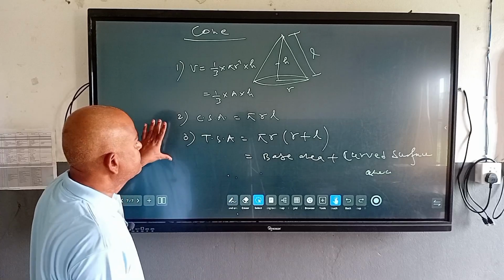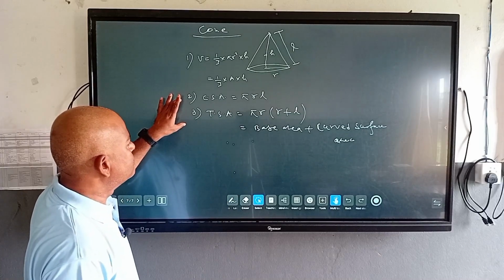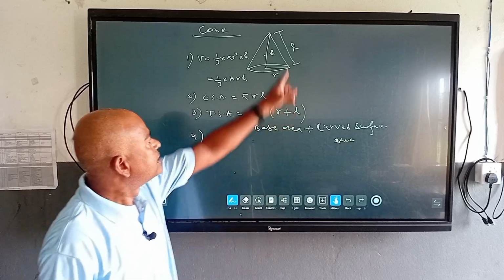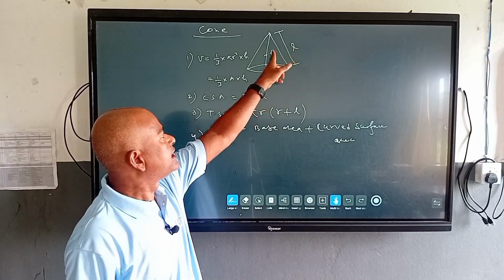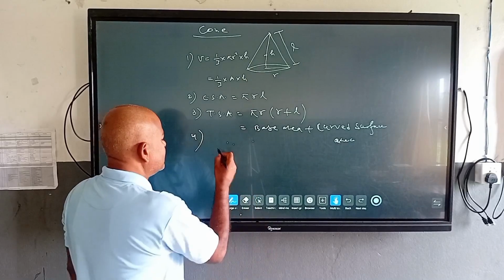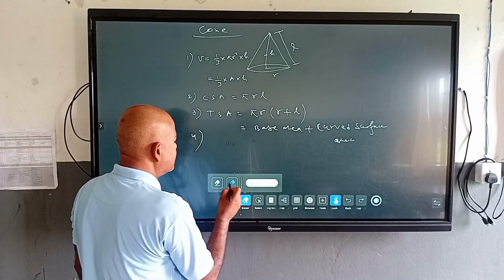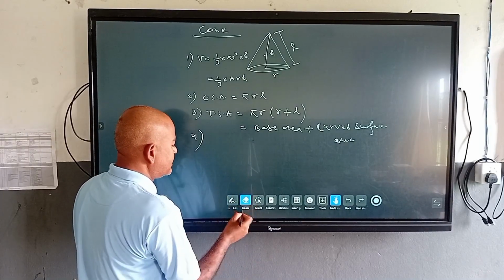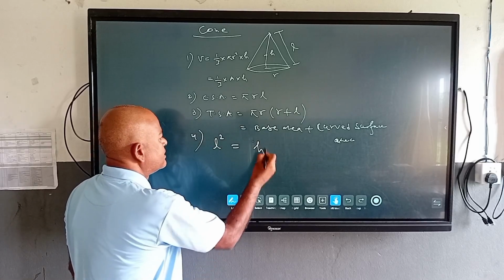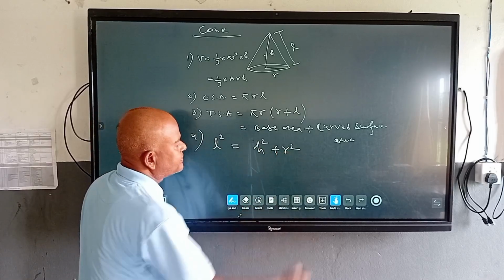Now next we are going to write down the relation between slant height, vertical height and r. That means the relation between L, h and r. We know that L square is equal to h square plus r square.